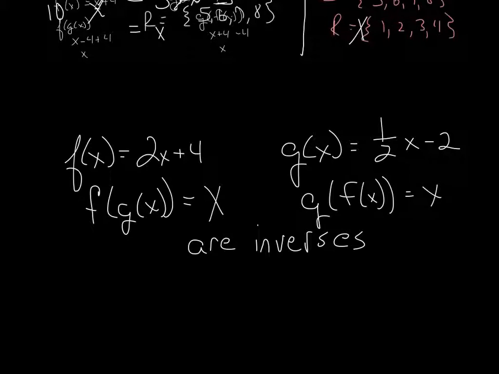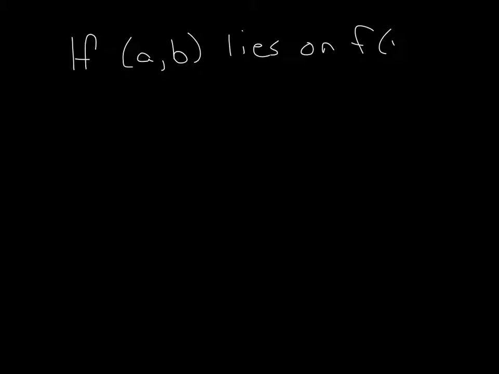Alright. Now, when we're thinking about the graphs of inverse functions, if (a, b) lies on the function, then (b, a) has to lie on the inverse function.